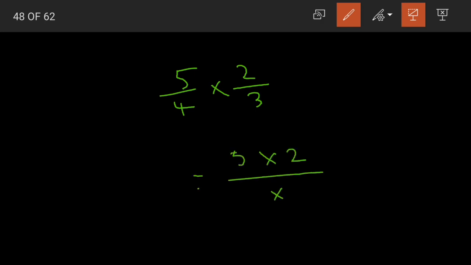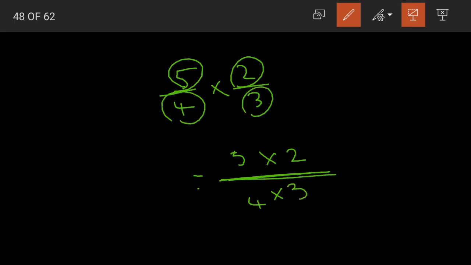The numerators are 5 and 2, multiplying them, divided by multiplying the denominators 4 and 3. 5 into 2, 10, divided by 4 into 3, 12.